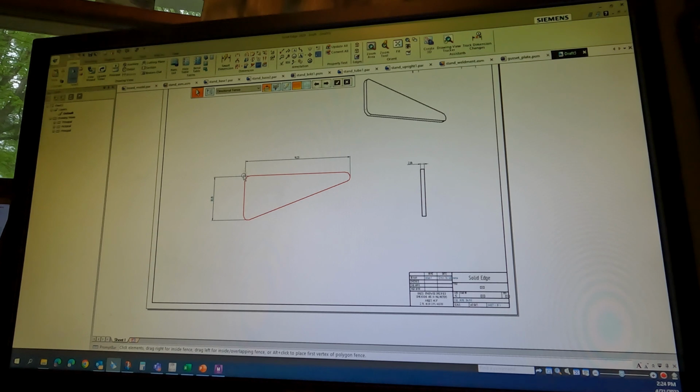So if something is, in this case, 90 millimeters long and 38 millimeters tall, so about 4 inches by about 1.5 inches, just to give you a general size idea, you put that on here. Then whoever's making this knows that they need to make something that is this shape.